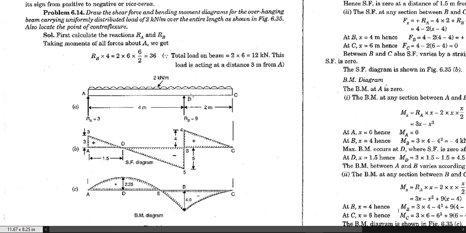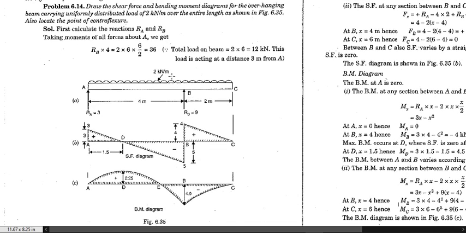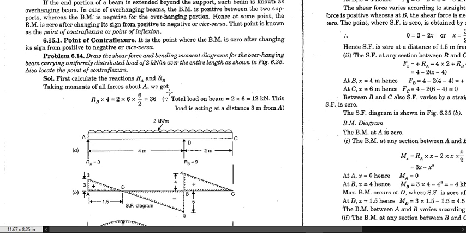So let us understand this via one example, that 2 kilonewton per meter has been applied over this overhanging beam having supports A, B, and we have to find the shear force and bending moment at A, B and C particularly. Before moving forward you must understand what is the point of contraflexure. This point of contraflexure is a point where the bending moment is zero.